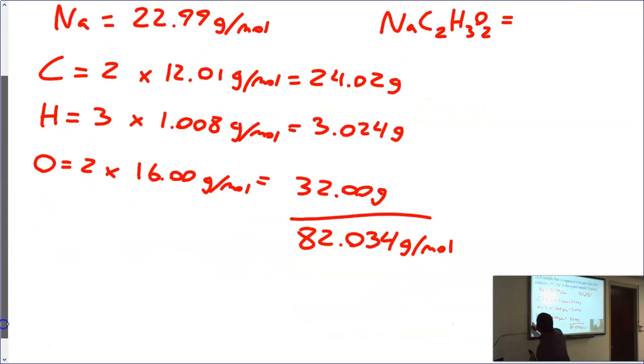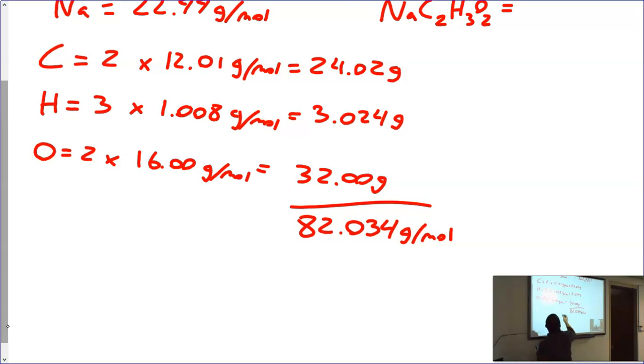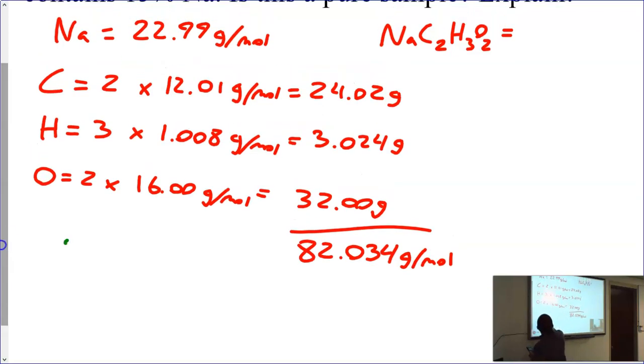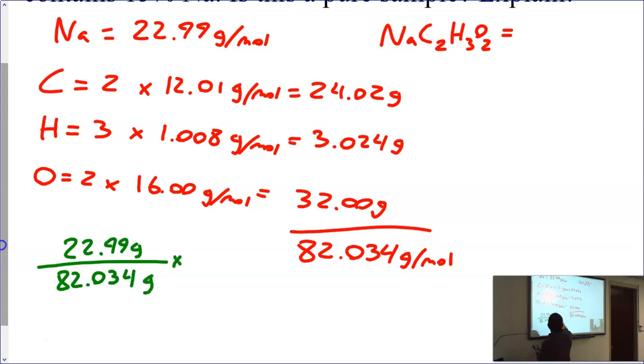All right, so let me take my part. In this instance, my part is the sodium. So I have 22.99 divided by the total, which is 82.034. And I'm going to multiply that by 100, and I'm going to get a percentage.